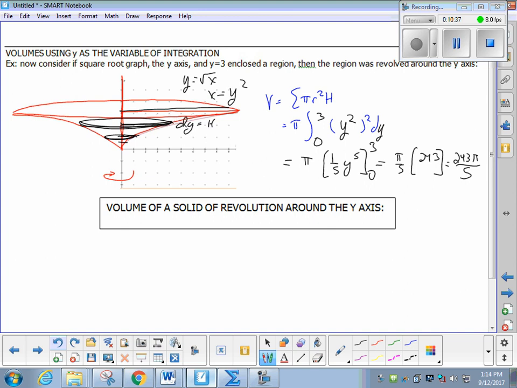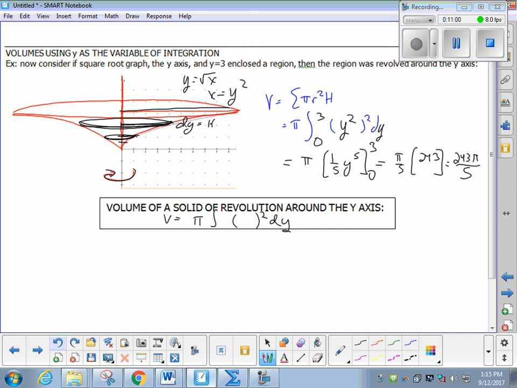You do not typically put units on these. They're not a big deal, but they are volumes, so if you wanted to say units cubed, that's what they would be. Okay? So the deal is this then. If you rotate around the y-axis, then the volumes of pi r squared h's aren't going to be h's of dx. The heights will be dy.